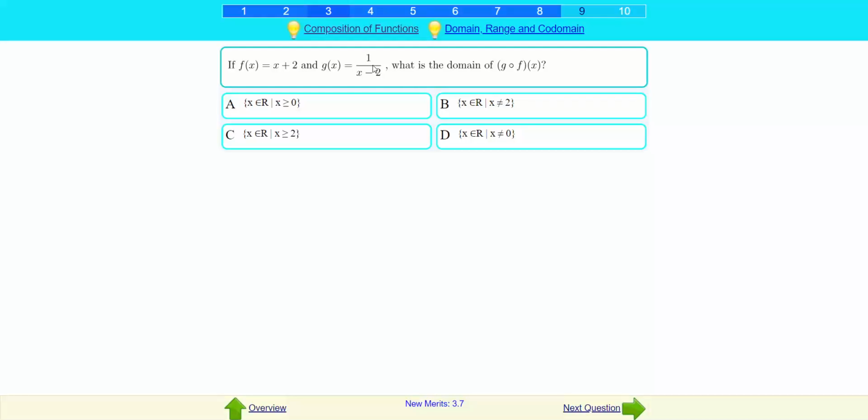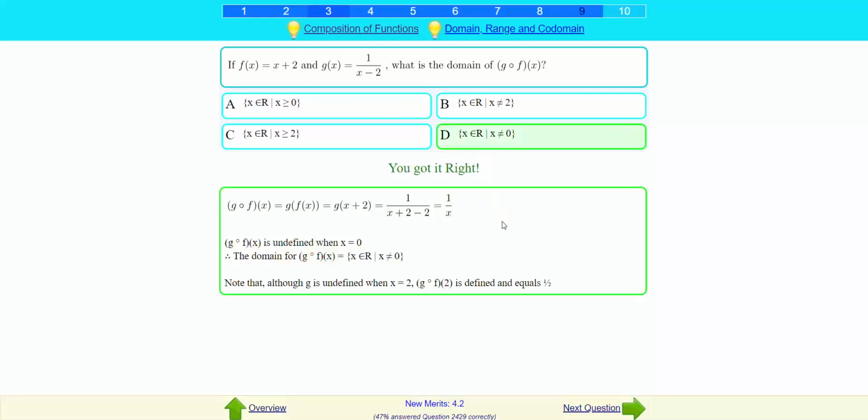So it would be 1 over x plus 2 minus 2, so 1 over x. So x shouldn't be equal to 0. You could have anything else.